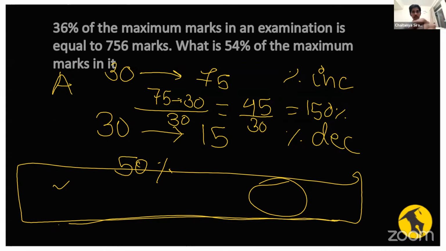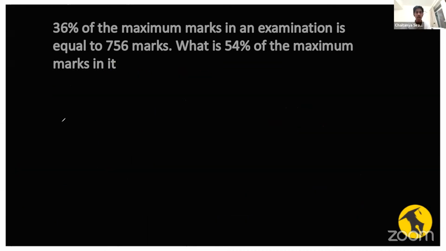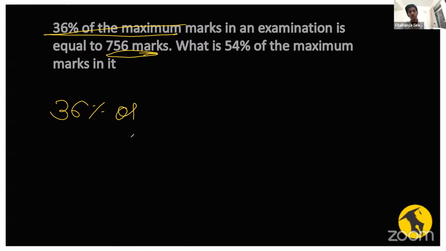Okay, let's solve some examples so that it's more clear to you. 36% of the maximum marks in an examination is equal to 756 marks. So 36% of maximum is 756.